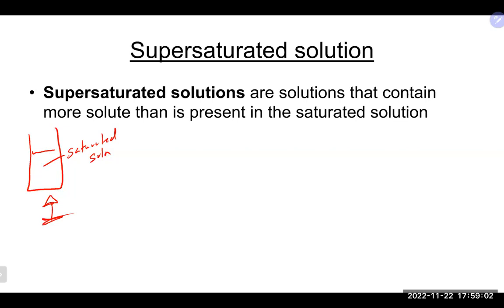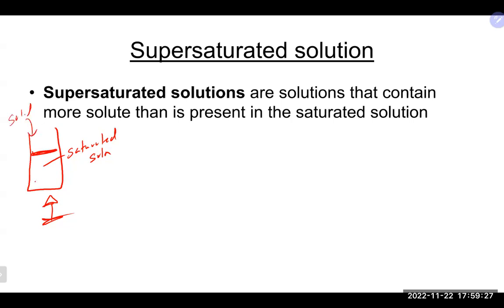When I start heating up this solution, the solubility from room temperature to the hotter temperature is going to increase. Again, solubility of a solid will increase with temperature. So as I'm warming the solution up, that will allow me to get more and more of the solid to dissolve in the solution.